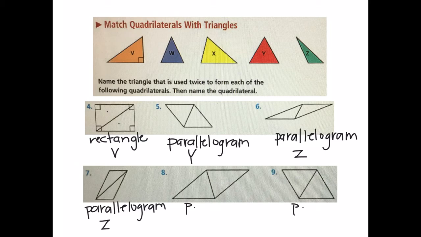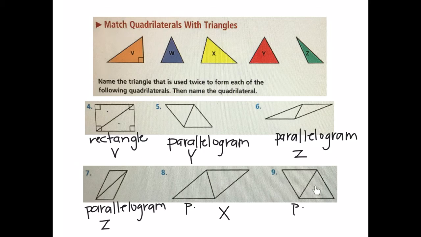So now I just have to figure out which triangles they were using. This one is another acute triangle. And looking up above, to me it looks like triangle X would be the best fit for this parallelogram. So I'll go ahead and write that they used X and put together two congruent forms of that. For the last parallelogram, it looks as though they used a triangle that's pretty close to being equilateral, probably not perfectly. And to me, it looks like Y is the one that they used here.